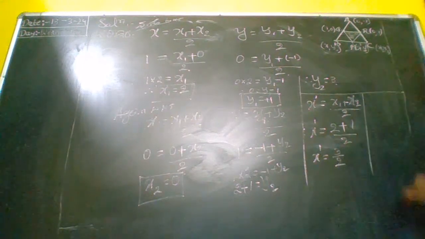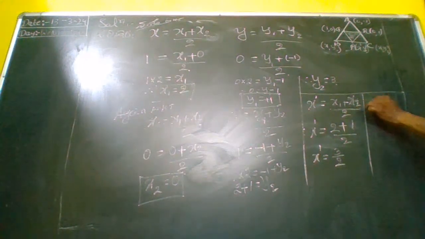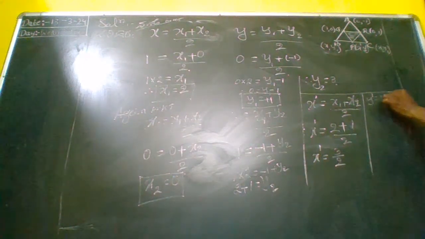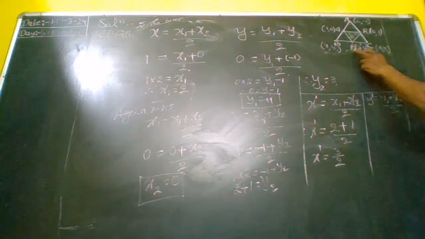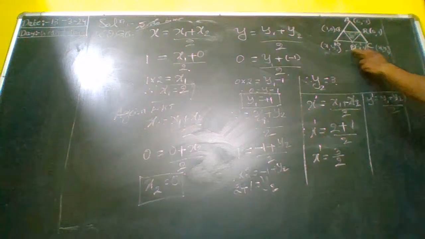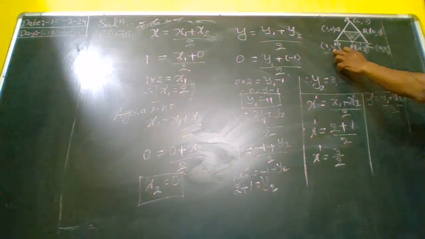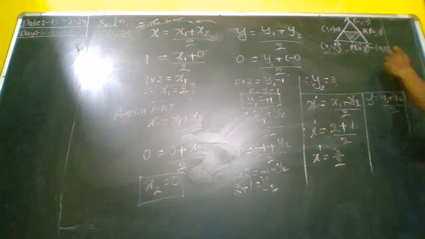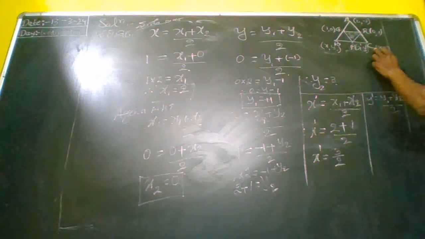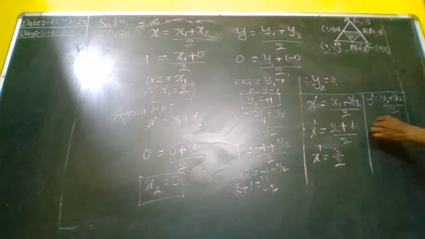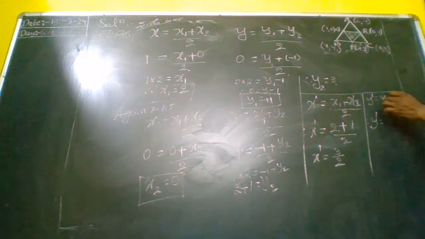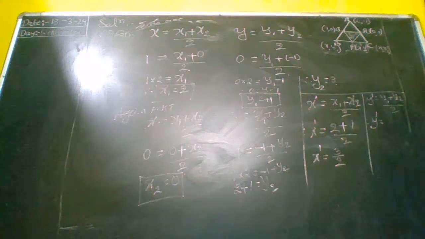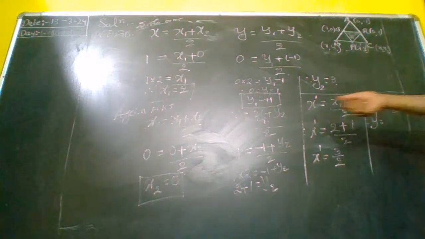Similarly, we can calculate y dash. So y dash equal to y1 plus y2 divided by 2. So y dash is the y coordinate of P, y1 is the y coordinate of B and y2 is the y coordinate of C. So therefore y dash is equal to y1. What is the value of y1 as we have got here?